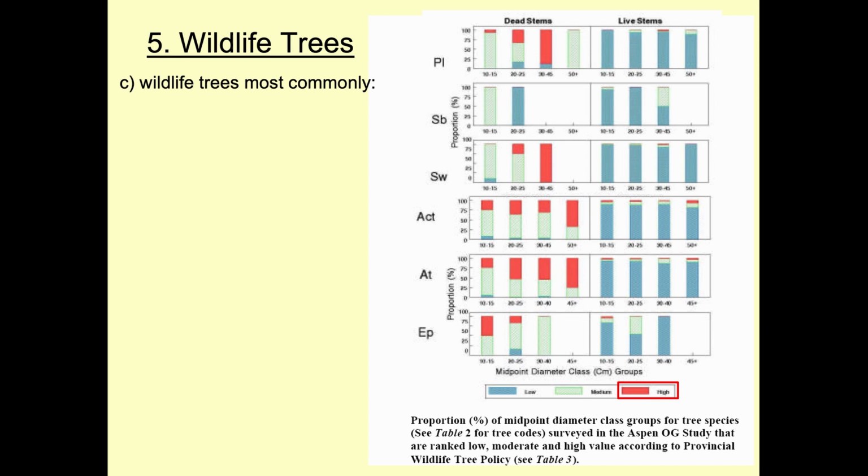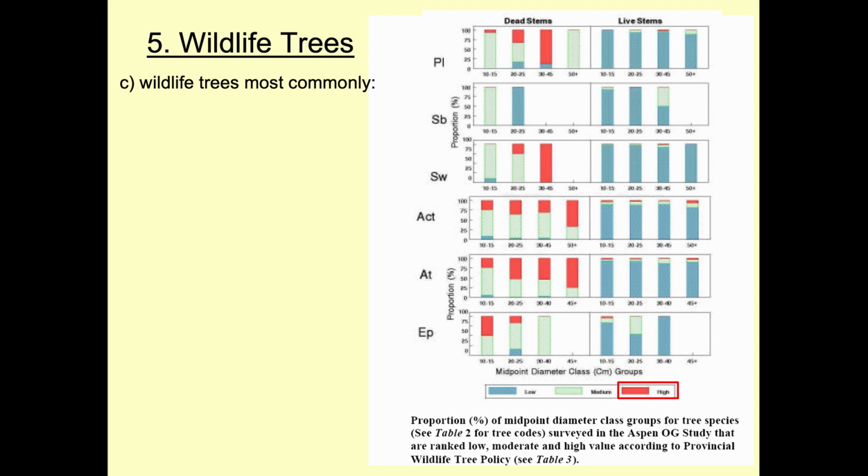That is because these dead stems hollow out fast, and animals like these hollowed out areas. So we already talked about that. Now, when we get into the size, you can see that as diameter increases, usually you're going to have a greater importance.